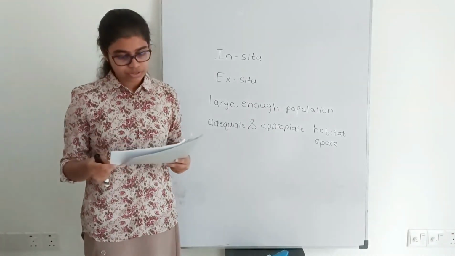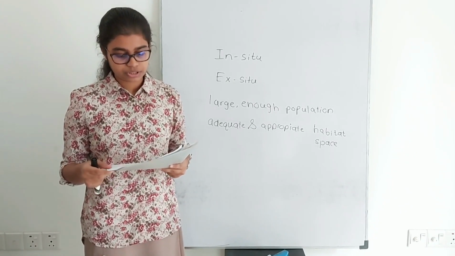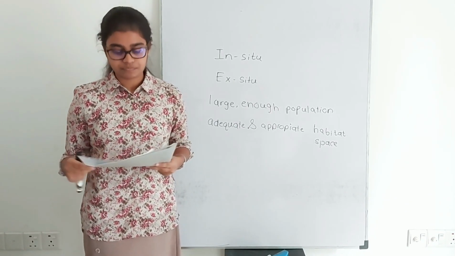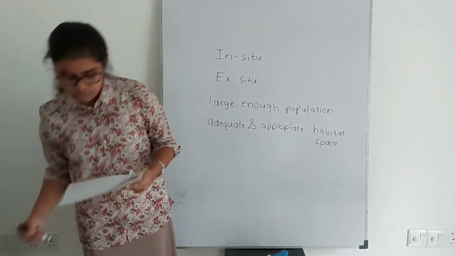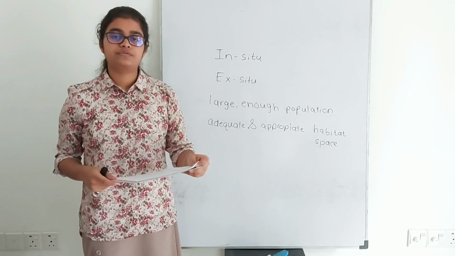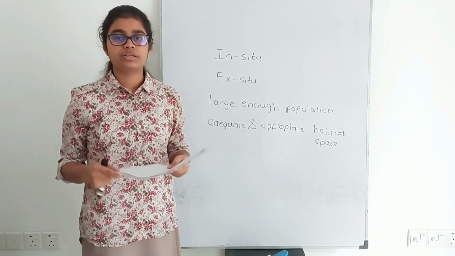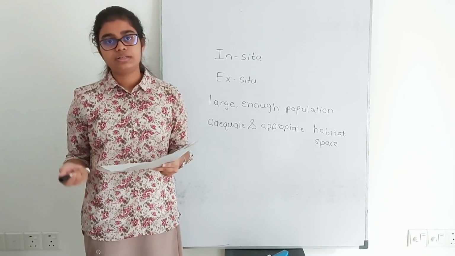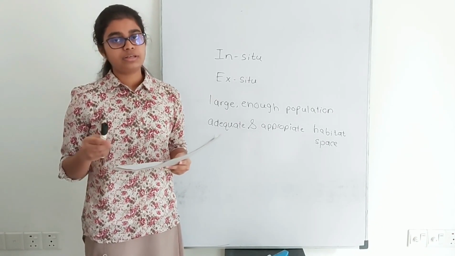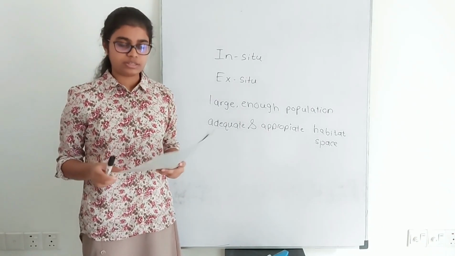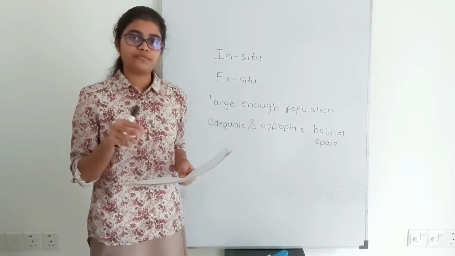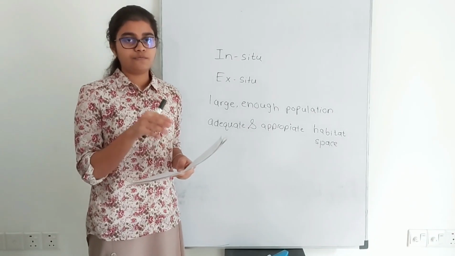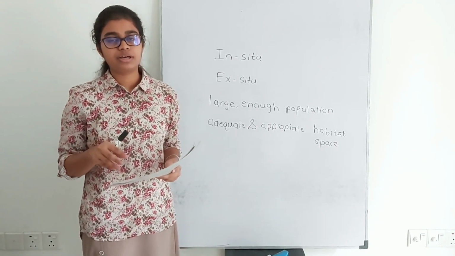And also in 2018 there was a structured essay question about what is in situ conservation. The examples for in situ conservation are national parks such as Yala and Minneriya, forest reserves such as Kanneliya and Pidurutalagala. In ex situ conservation, the species is taken out of its natural habitat and looked after in a place where their survival and reproduction is ensured.